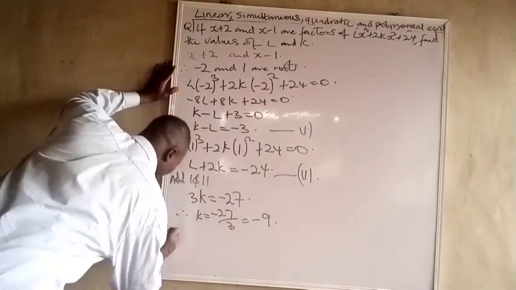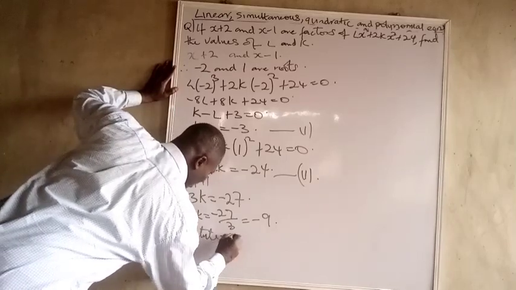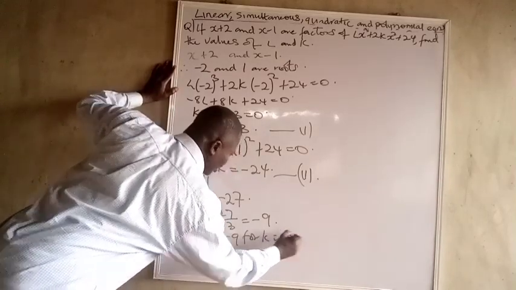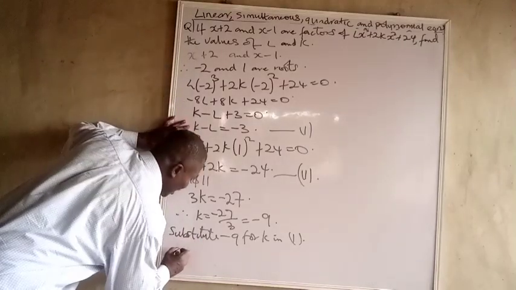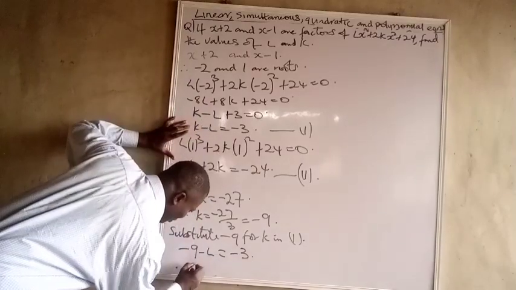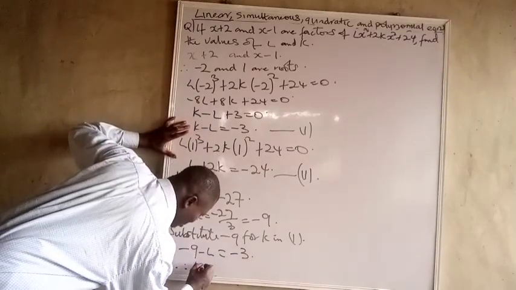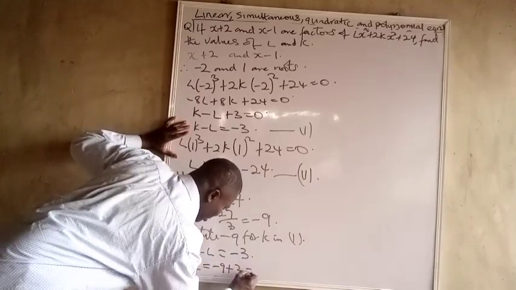So let's substitute minus 9 for k in 1. So what do I have? Minus 9 minus L equals minus 3. Therefore, L will be equal to minus 9 plus 3, which is minus 6.